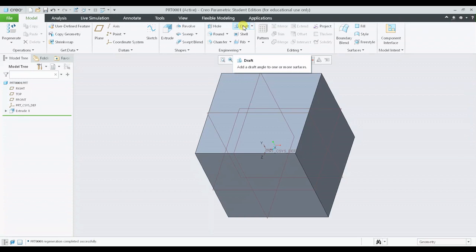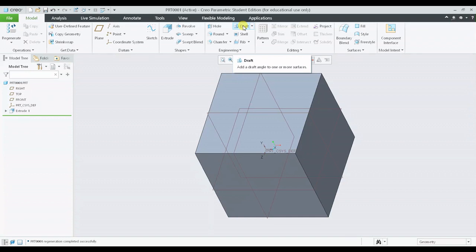Before discussing the options, the features and the types of draft which are present in Creo, let us understand the importance of draft to a basic extent. If you remember or if you have an idea about molding and casting procedures, when we are developing parts using procedures such as molding or casting, applying a draft or a taper to the face of a part is a very critical and important aspect to improve the moldability of the part.